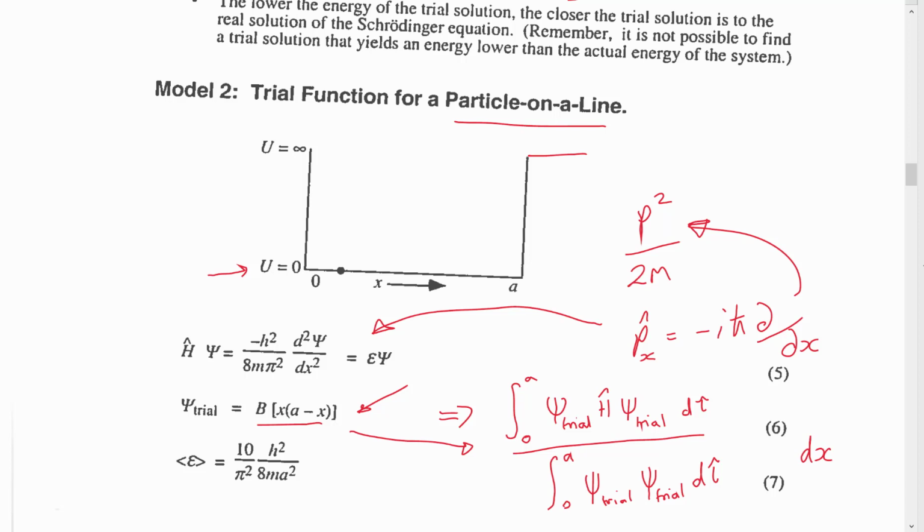And so what we end up doing when we apply our Hamiltonian operator to the trial function, then multiply it by that same trial function and integrate over the limits of the system, a and 0, and then we divide by the square. So what we're doing in here is we're calculating the average energy. And I encourage you to do this in your own time, follow that through. What you will find is that we end up with this expression here, equation 7.